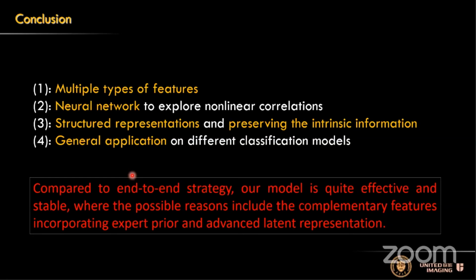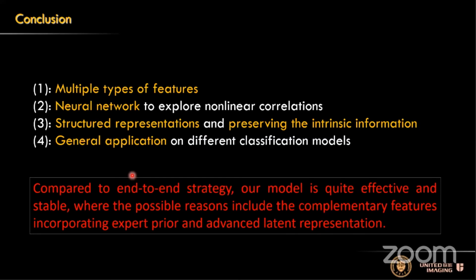The last one is that our latent representation can be widely used on different classification models, and then promising accuracy can be expected. So if you design another advanced classifier model, you can try our latent representation, and maybe it will further improve the results.